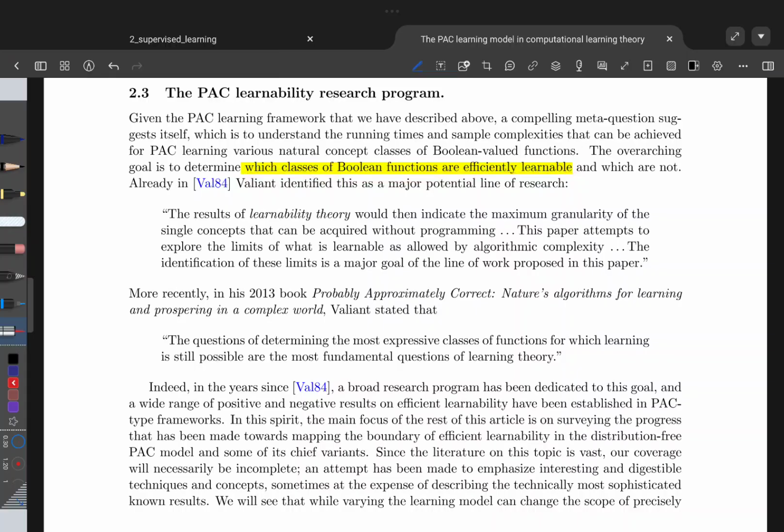So any function that can be written as an AND of multiple literals can be learned efficiently. And if you can do it for AND, you can also do it for OR. Right? You just take complements. The complement of an AND of multiple literals is just the OR of the complements. So if you can learn AND, you can also learn OR.